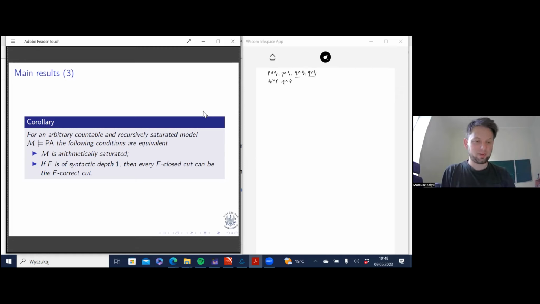Hence, this is equivalent to saying that if F is of syntactic depth 1, then every F closed cut, so every cut with appropriate closure properties, can be the F correct cut, right?